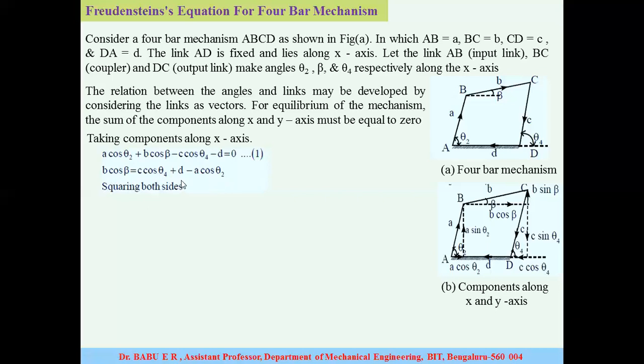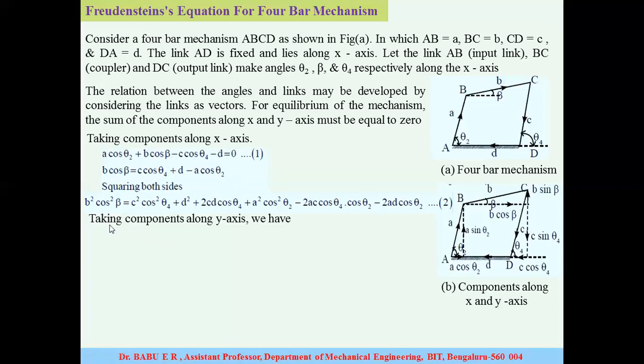So b square cos square beta equals c square cos square theta 4 plus d square plus a square cos square theta 2, plus 2 times cd cos theta 4, minus 2 times ad cos theta 2, minus 2 times ac cos theta 4 cos theta 2.